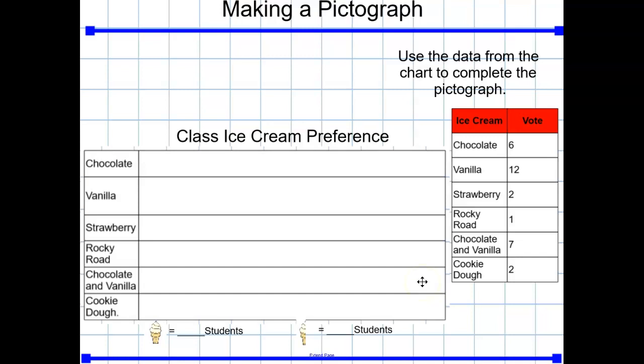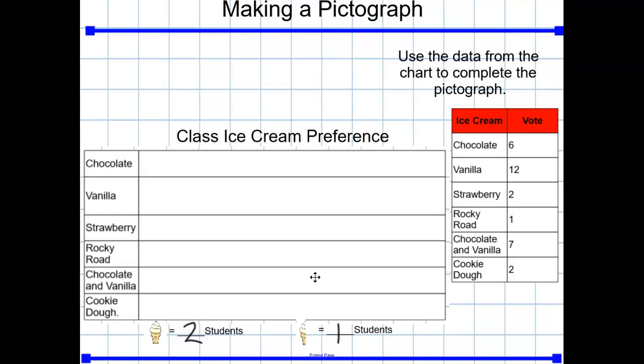Okay, let's do 2. So a full ice cream cone is going to be worth 2. So if a full ice cream is worth 2, then automatically I know from yesterday that a half of an ice cream must be worth 1 because it's worth half the value. Great selection, boys and girls.